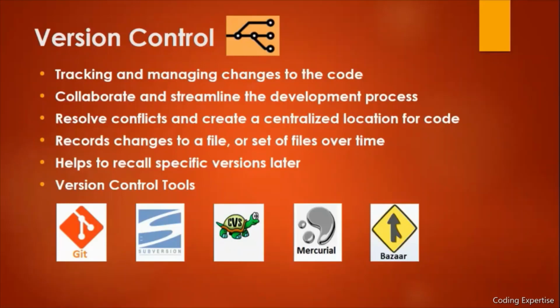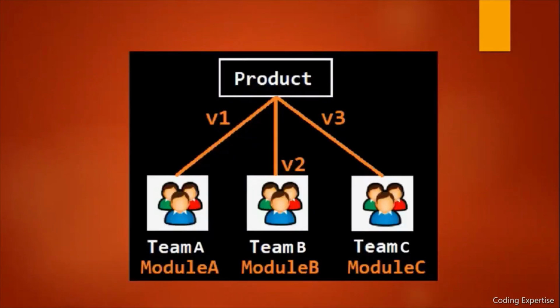Let's relate the version control theory with the real use case. In a product company, multiple teams are working on a product development. So each team is developing a new module. So team A is working on a module A, team B is working on a module B, team C is working on a module C. Assume team A completes a module A and pushes all the changes to the Git repo.